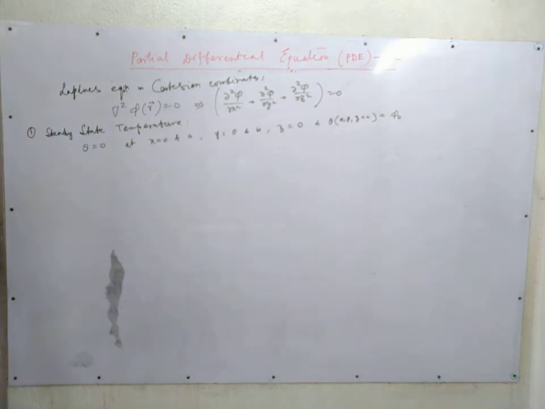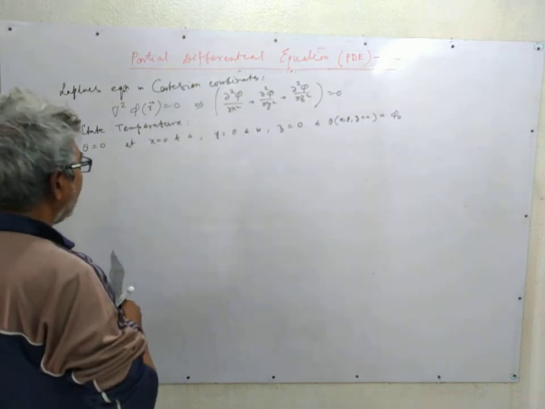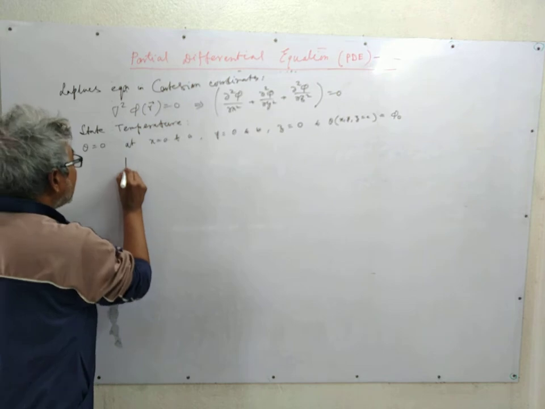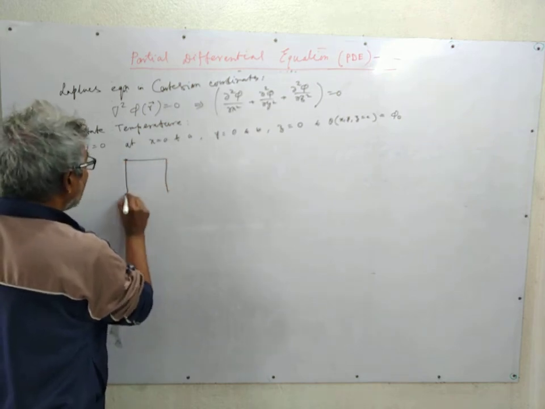Since the steady-state temperature distribution is given by the solution of Laplace's equation, we consider the example in such a form that the cuboidal box is at zero temperature.